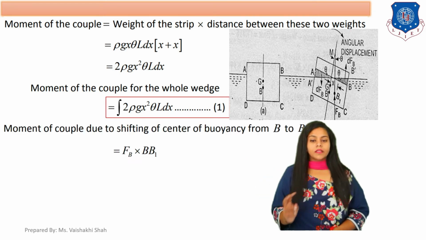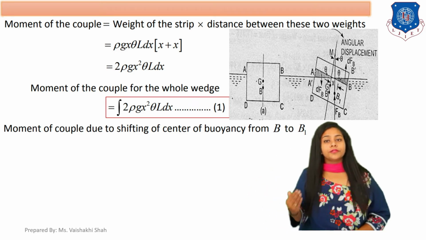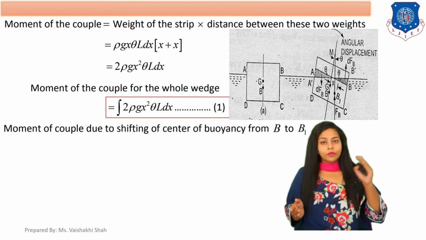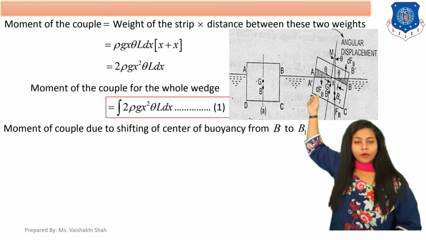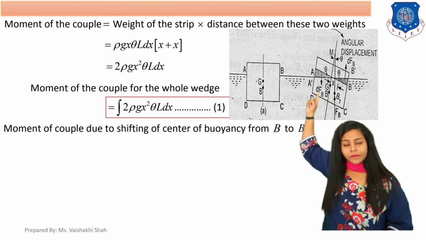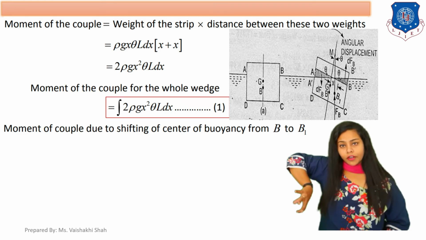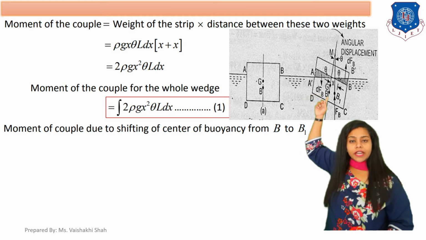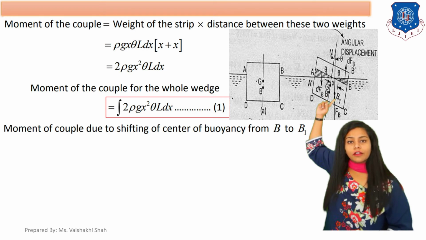Now another moment of couple is due to the shifting of the center of buoyancy from B to B1. Here, as you can see in the diagram, the center of buoyancy is B. Due to the change in weight of the water due to tilting, the point B shifted to B1, so B1 is your new center of buoyancy.